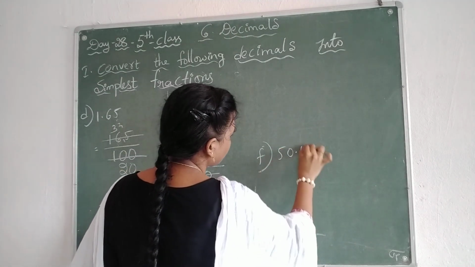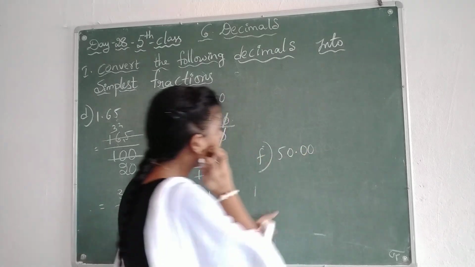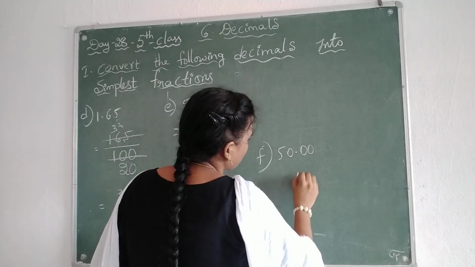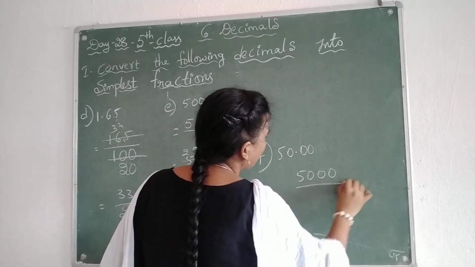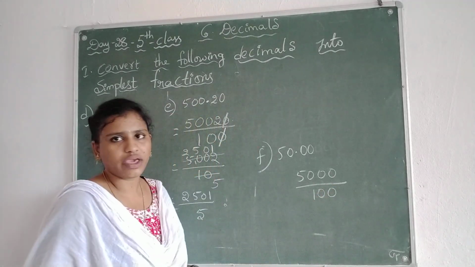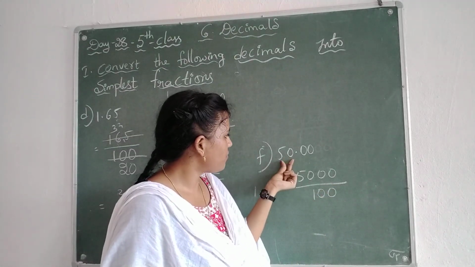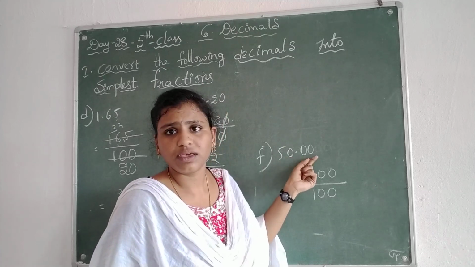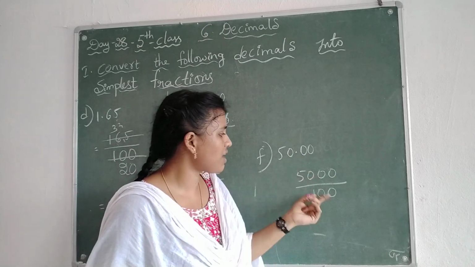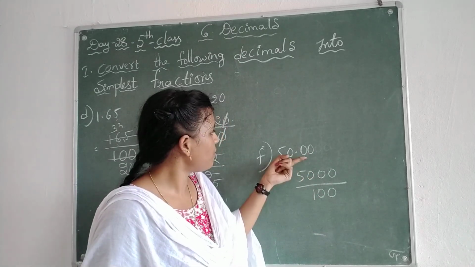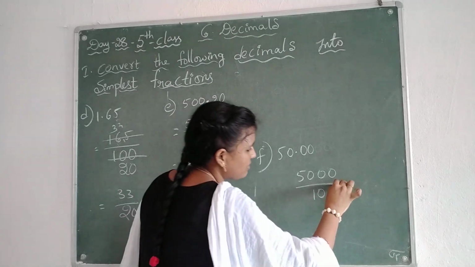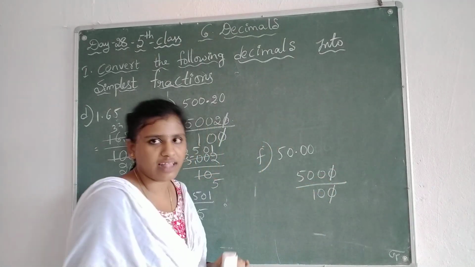First, suppose you have it like this, you write 5000 by 100, since there are 2 digits after the point. See here, 50.00. Here 2 zeros after the point, so 2 zeros number is 100. So 5000 by 100. In the ones place we are having zeros, so cancel it.